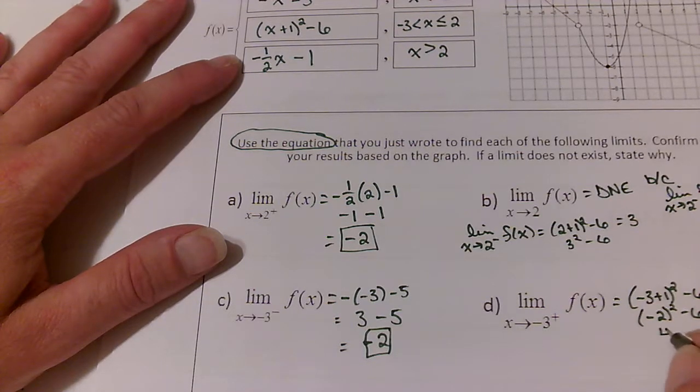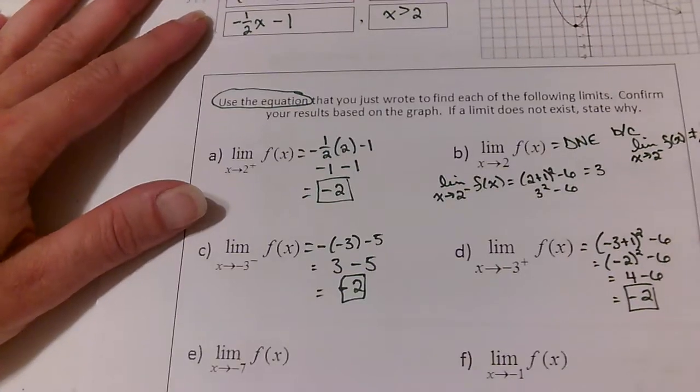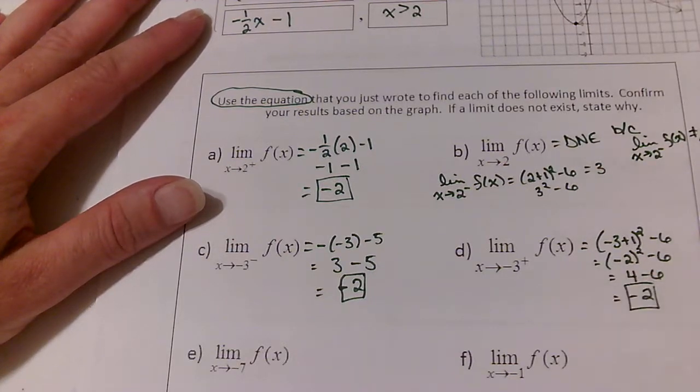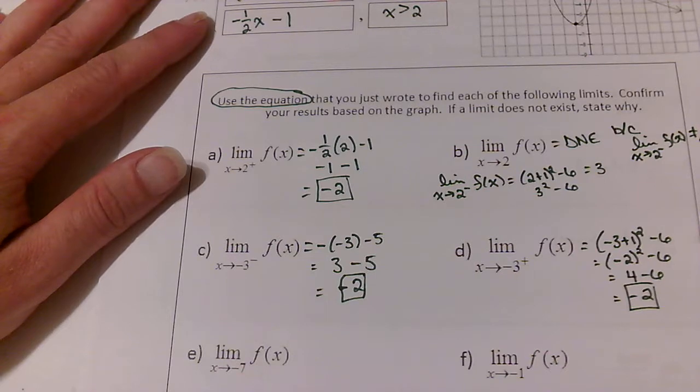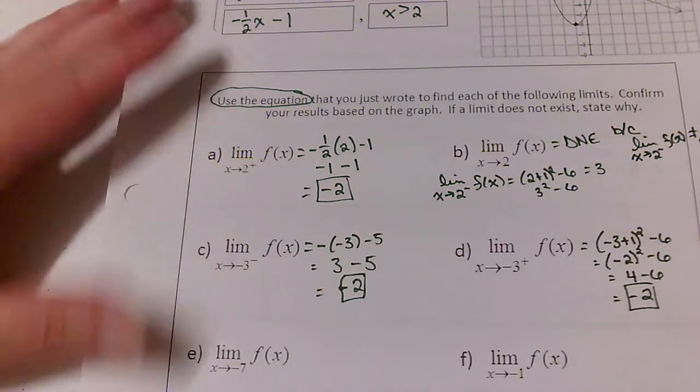That's going to be 4 minus 6, which is -2. So that one, if it had a follow-up question, the limit as x approaches -3, just overall, it does exist, because both of those pieces of the graph meet the same point.